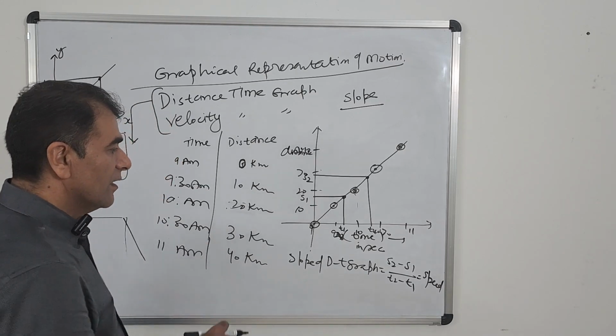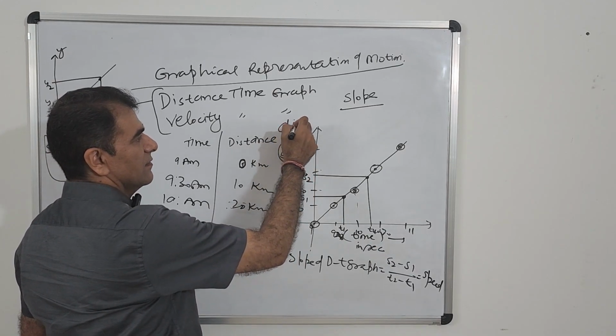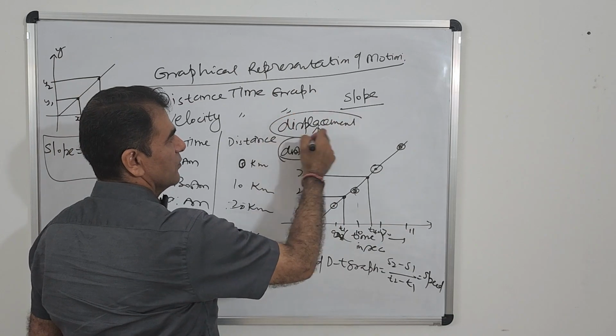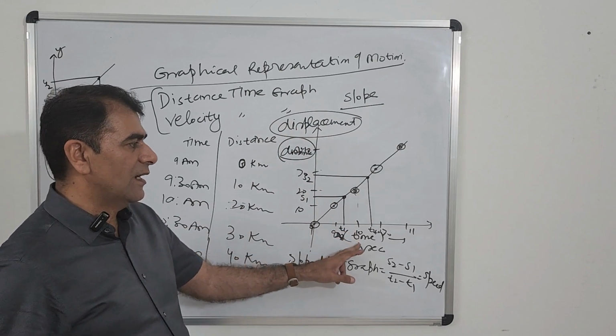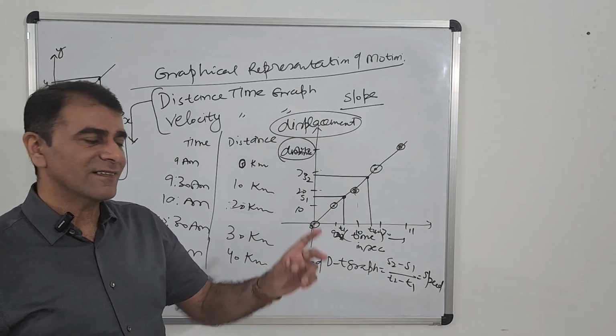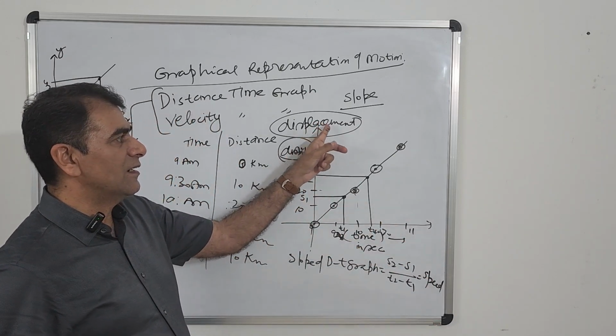In similar terms, if it is not distance but displacement, and it is time, now in a displacement time graph, if you take the slope, what will you get? Velocity. Because now in place of distance, you are taking displacement.